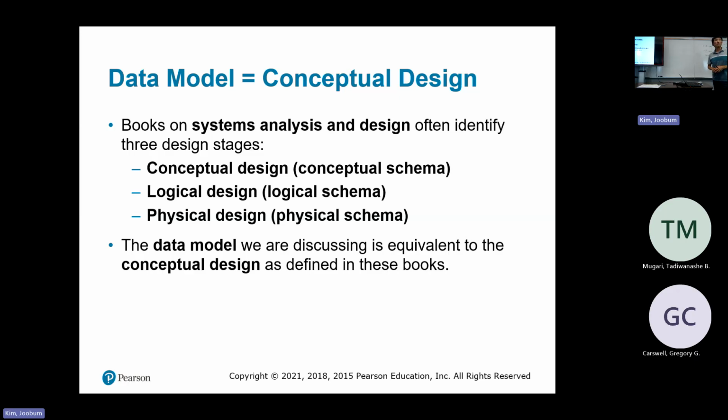So if you think performance is much more important than the database design, we have to sacrifice normalization to think more about performance. In that case, we have to do denormalization in the physical design. We'll talk about this later.